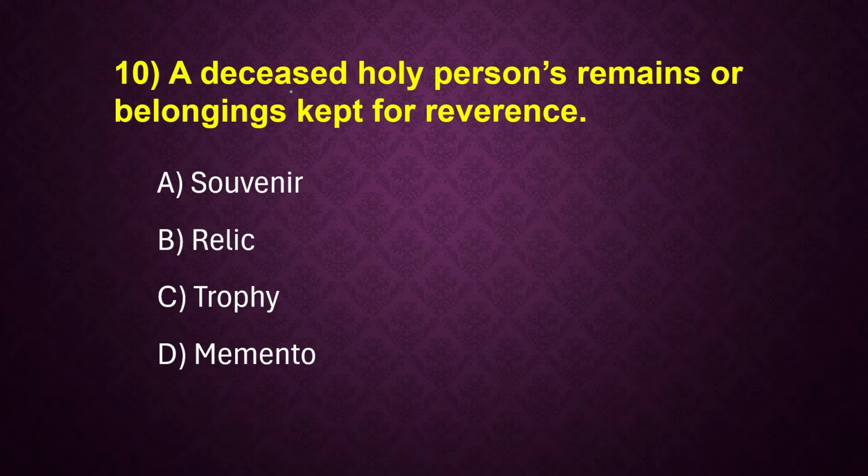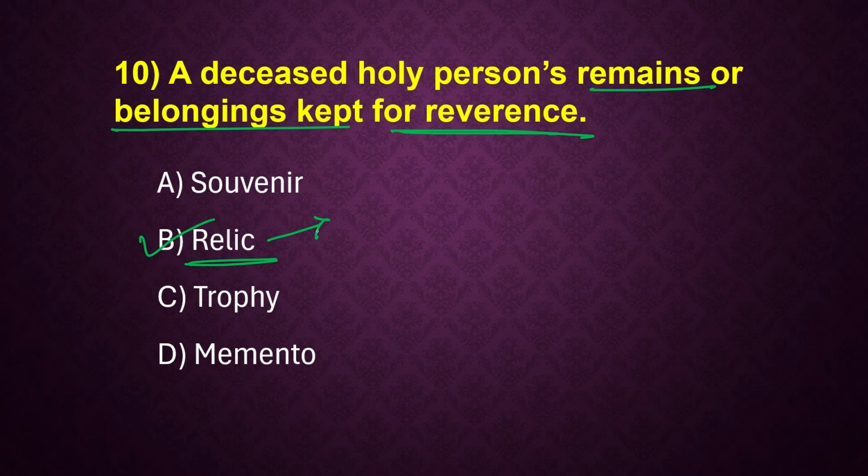Next, a deceased holy person's remains or belongings kept for reverence. What is called? Here the correct answer is option B, and that is relic. So first of all, what is the meaning of the word relic?